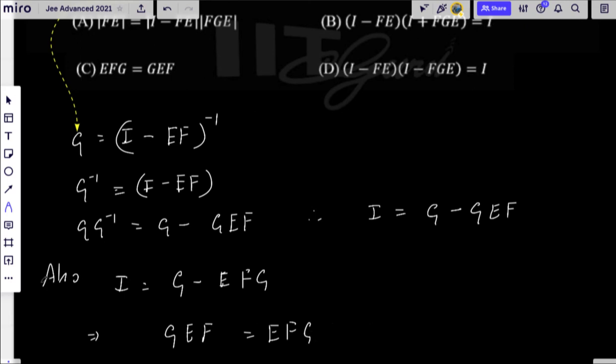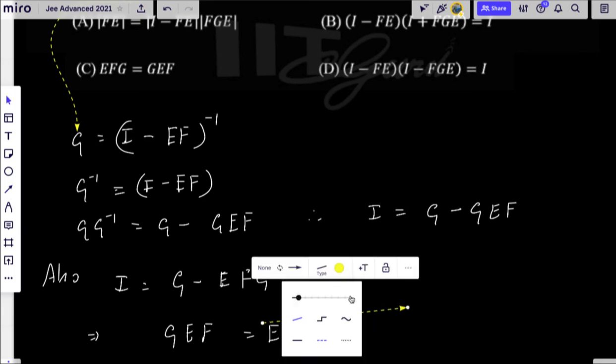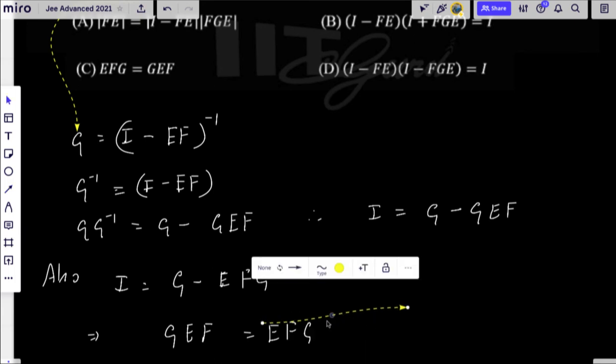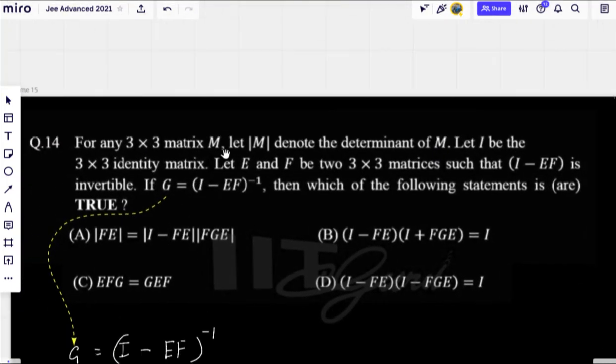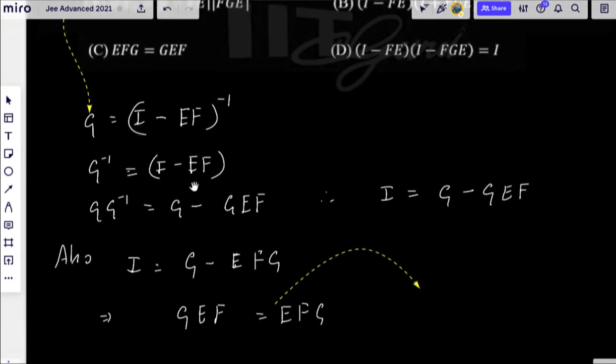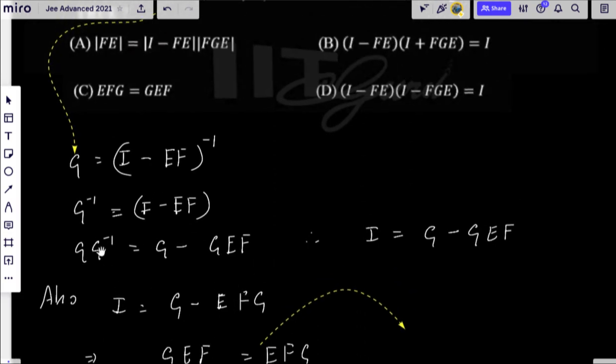Which shows that which option is correct over here? Let me check which option is correct. The C option is correct, we can see over here.